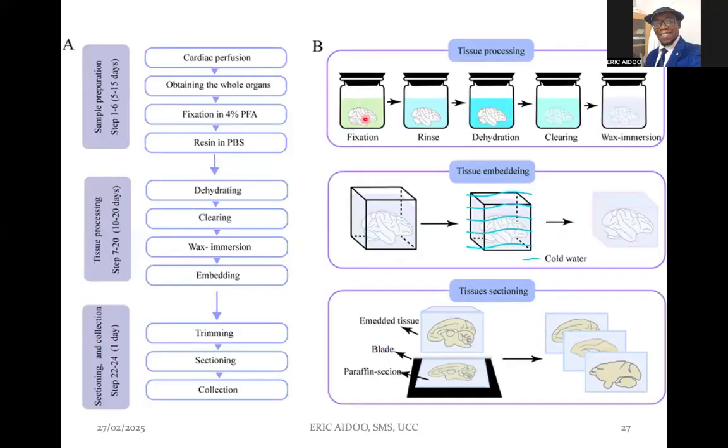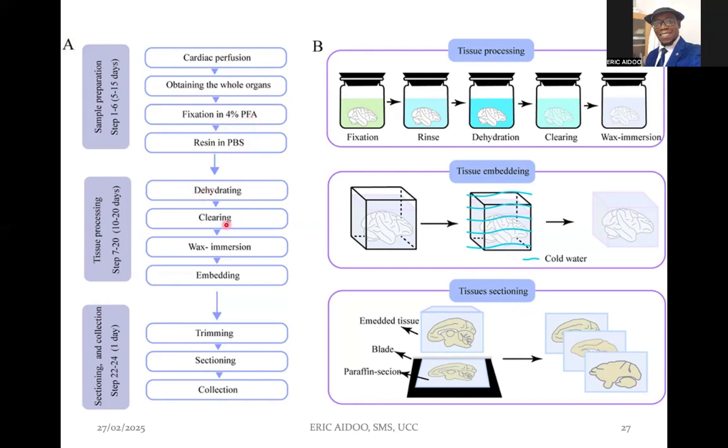So for this brain tissue, it's being put in this container, that is immersion fixation, but then obviously they did a cardiac perfusion before they put it in this. So this is A, cardiac perfusion, obtaining the whole organ fixation in 4% paraformaldehyde, then rinsing in phosphate buffer saline.